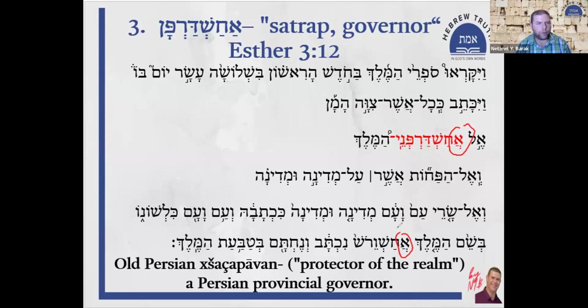This is called prosthetic aleph. Prosthetic aleph is an aleph we add at the beginning of a word to make it more pronounceable for languages that tend to have a problem with a consonant cluster at the beginning of words.